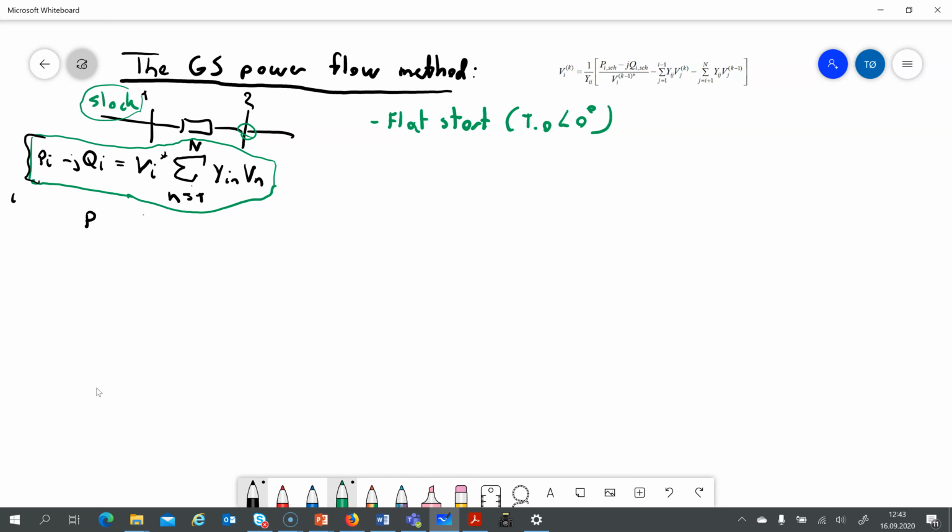Now i is 2, so it means P2 minus jQ2 divided by V2 equals Y21 V1 plus Y22 V2. And of course, if you have more buses, it will just continue to Y2n Vn.